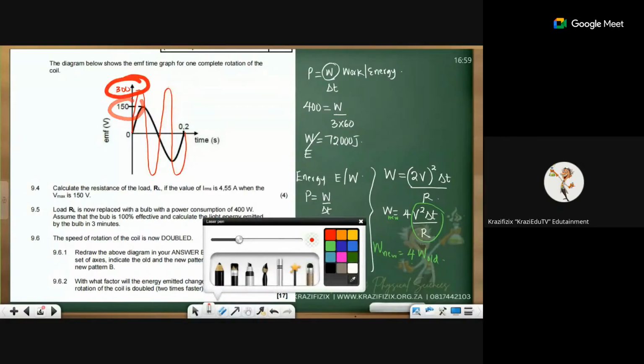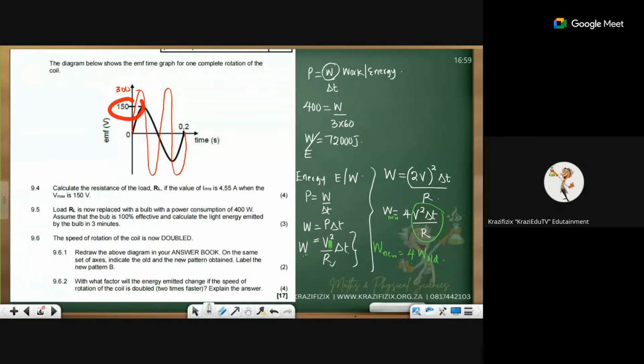Whatever the value of V is here, when I double it, it becomes 2V. Then you just expand 4V squared, and this is W. Oh, I get what you mean. That we must expect. We're going to use that a lot. So 4V there. Beautiful.